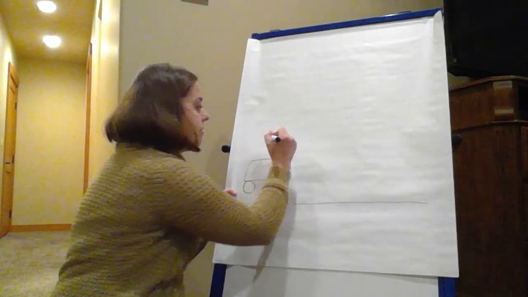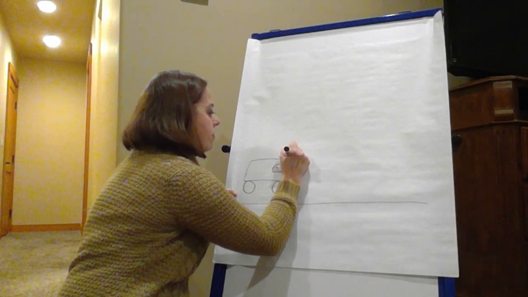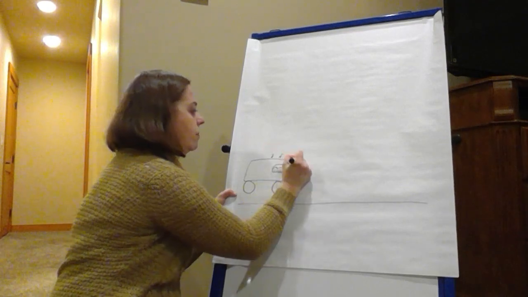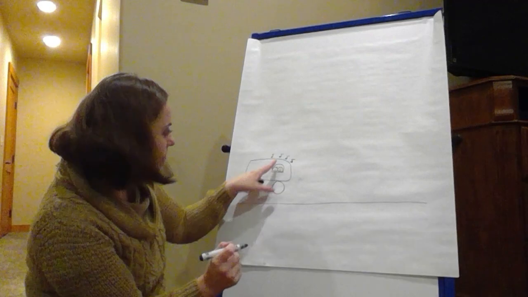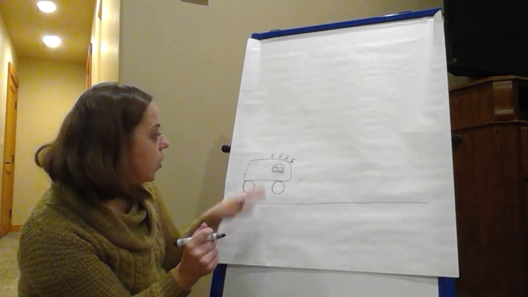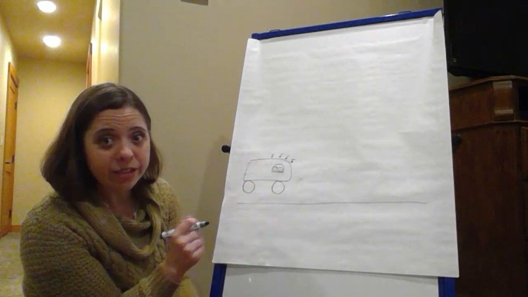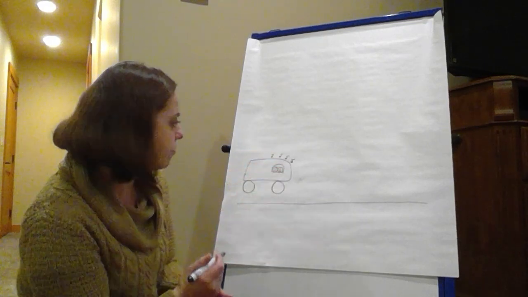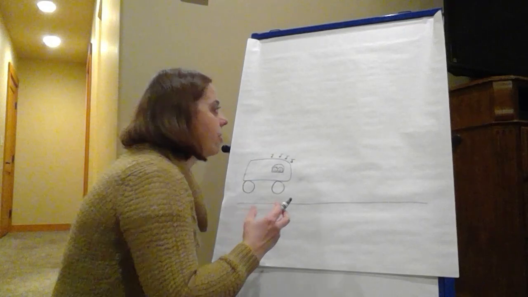And while we're driving, I drew some music notes to show that when we were in the car, we were listening to some music and singing. I used those music notes as a symbol to show that we were listening to music and singing as we were driving down south in our car.